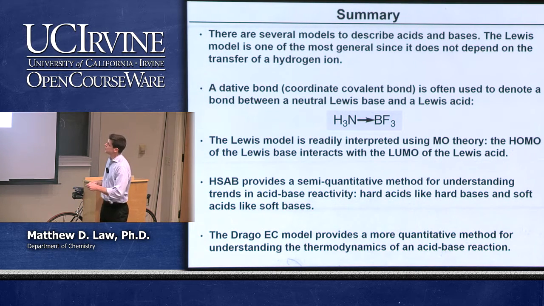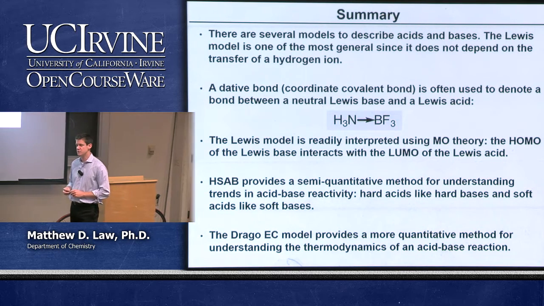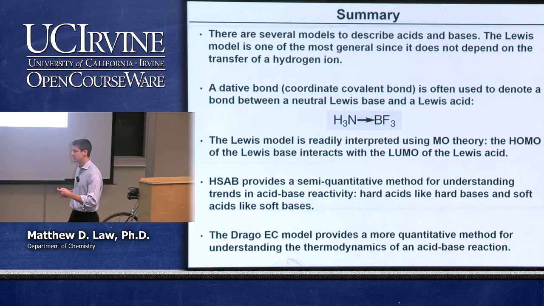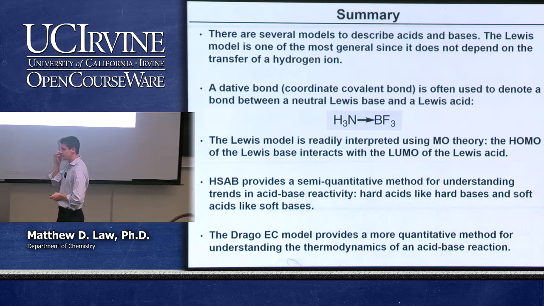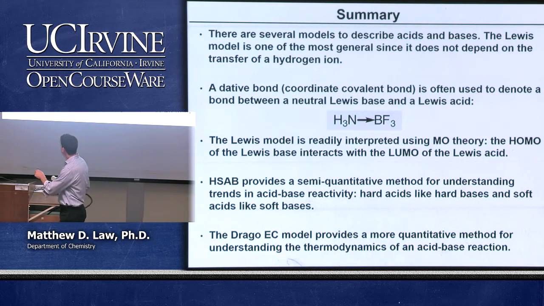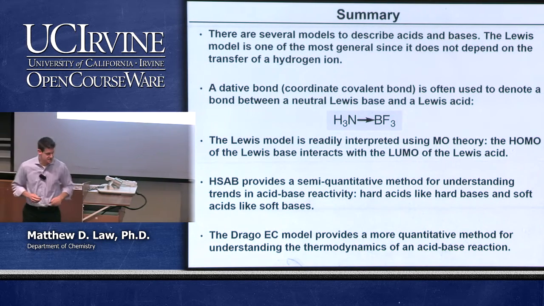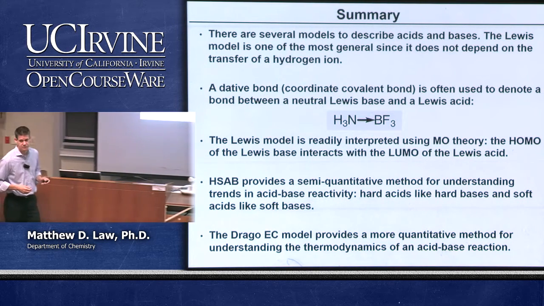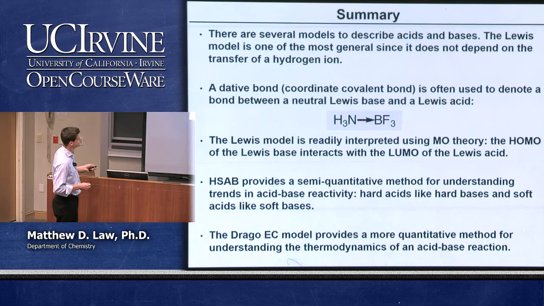We can interpret the Lewis model in terms of MO theory. In order to make an adduct, we have the HOMO of the Lewis base interacting with the LUMO of the Lewis acid to form a bonding and antibonding orbital. Electron filling of the bonding orbital is one of the driving forces for the adduct formation. We introduced the idea of hard-soft acid-base models as a semi-quantitative way for understanding trends in acid-base chemistry.